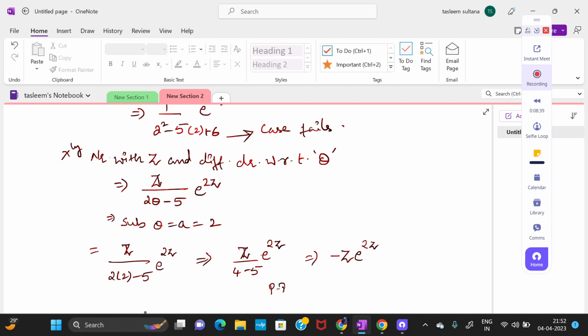Your PI is equal to minus z e to the power of 2z.